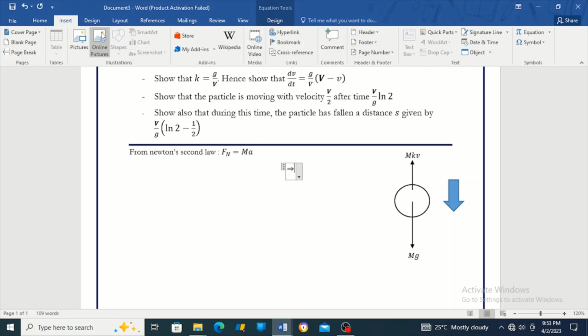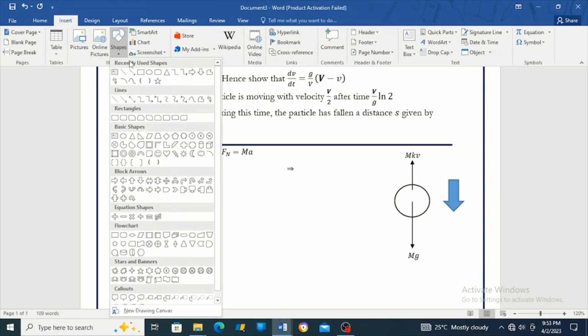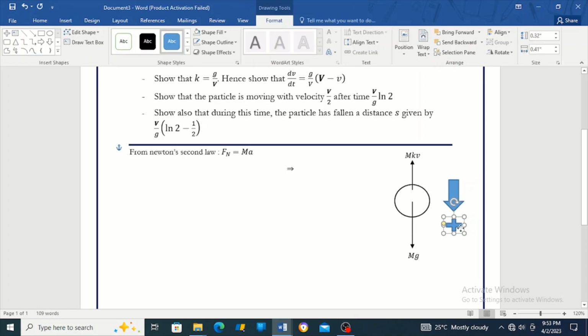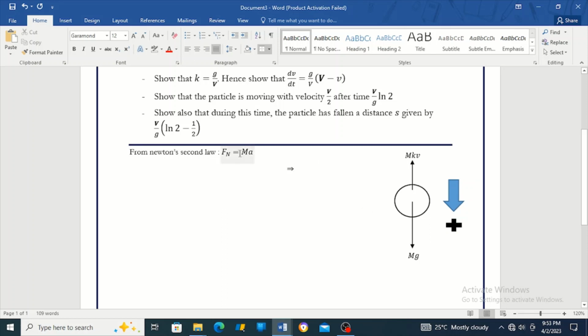I'm going to consider the downward direction as my reference frame. So all forces in the direction of motion are positive. Downward is positive and upward is negative.